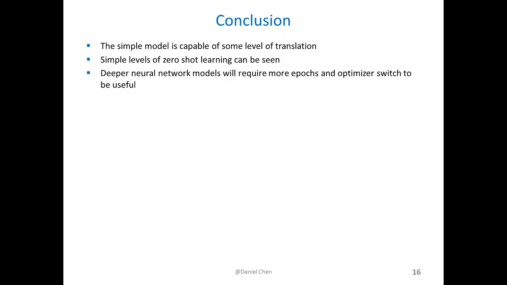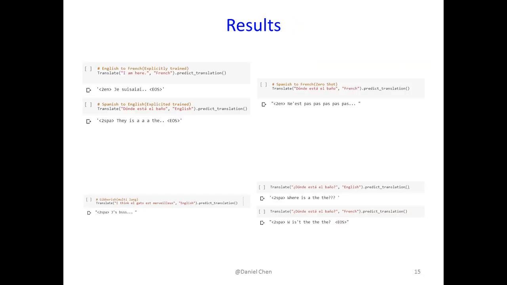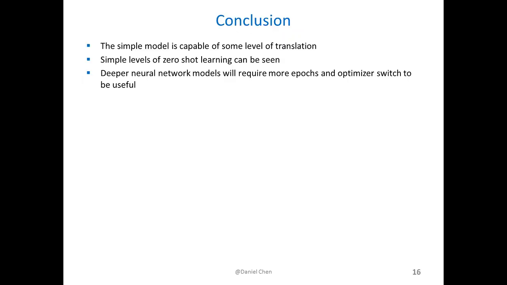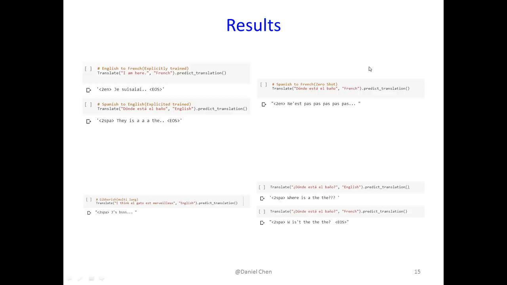And so, the simple model is capable of some level of translation. As we can see, it can tell you some parts of it. It's not perfect. There's no attention layer, so it's not great. And it definitely wasn't trained nearly enough. But some levels of zero-shot learning can be seen.